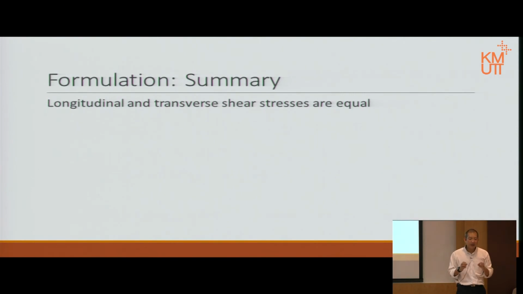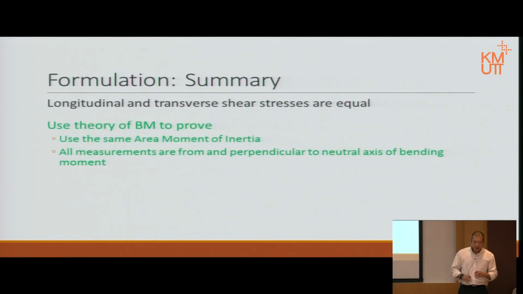Now, we prove not only that they exist, we also prove that longitudinal and transverse shear stress are equal. And then we use the bending moment to actually find out the longitudinal shear stress, which of course equals the transverse shear stress.